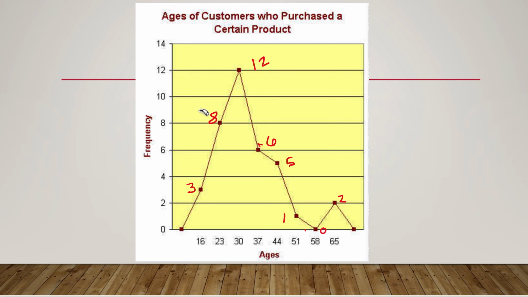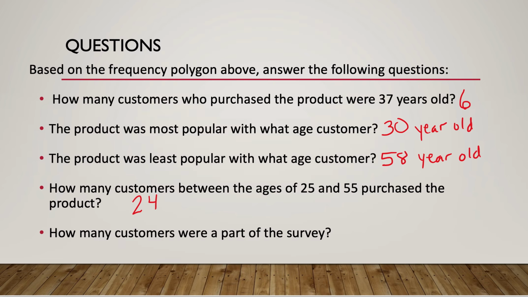It looks like we have 37 people represented in this survey. So I'm going to go put the 37 in for that. Hopefully that gives you an idea of how a frequency polygon works and how to answer questions based on that graph.